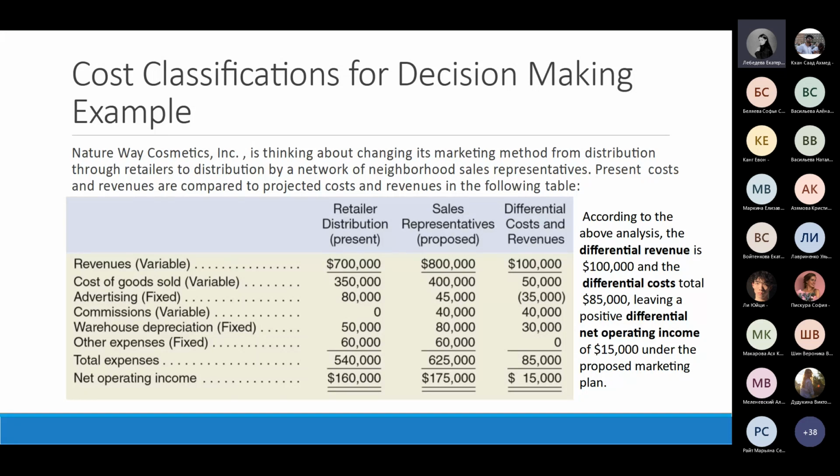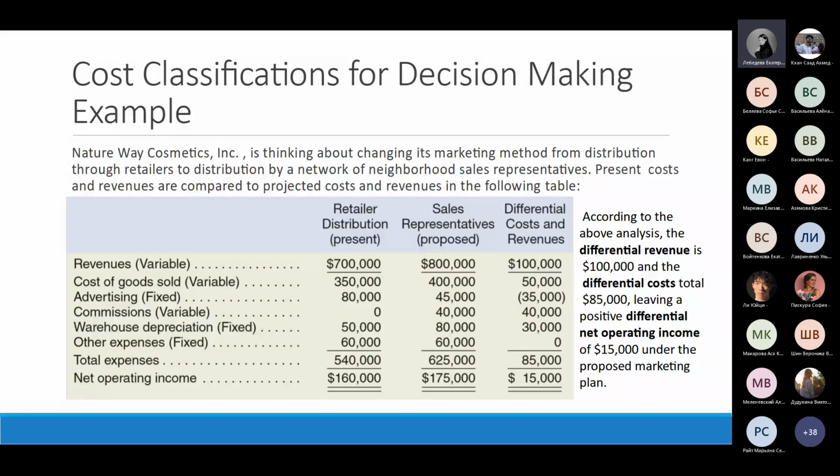So differential cost will tell us about the difference between our current method of distribution and the proposed method of distribution in order to decide whether our new system would be profitable enough. So here we can see the current cost associated with retailer distribution, the opportunity cost associated with representatives, and differential cost.